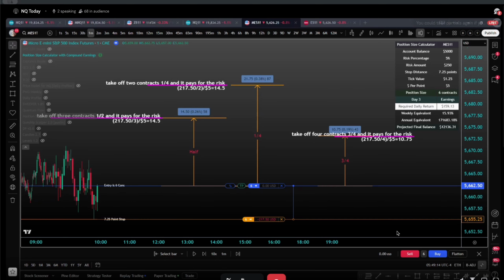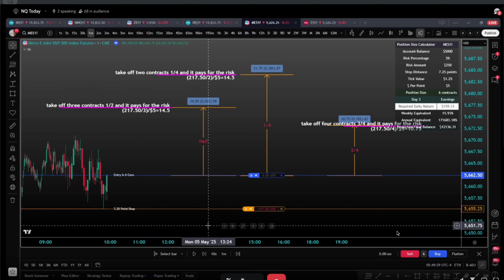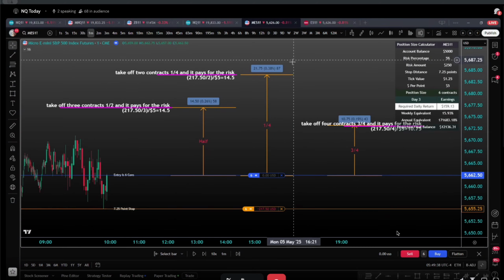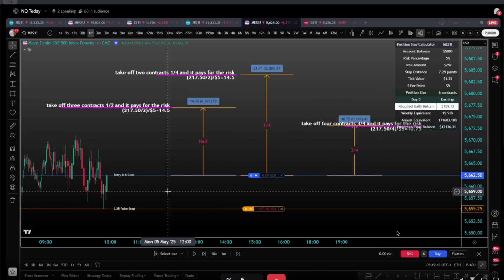The pay line is closer, exactly. The pay line is closer, and you have more to stay on your contract for the trade itself. So sometimes it makes a lot more sense, because a 25 handle stop on NQ only allows you to have 4. So what's a half of 4? It's 2, right? So I'm only going to have 2 runners, versus if I want to do a fourth, 3/4, or a half. Right? So let's play this out.